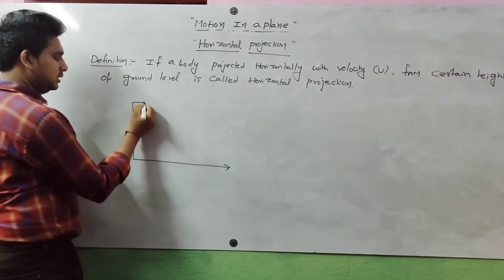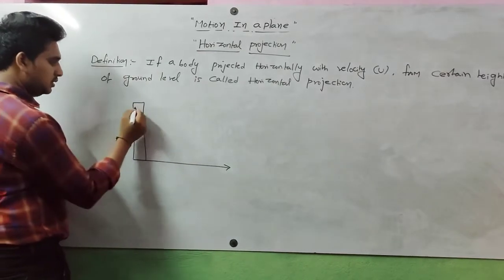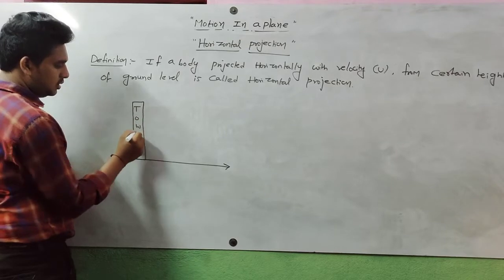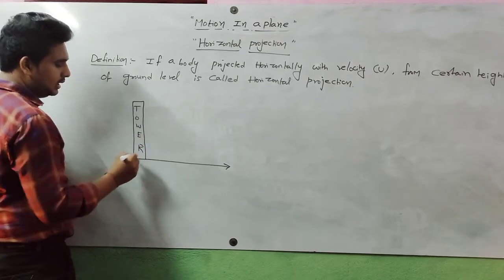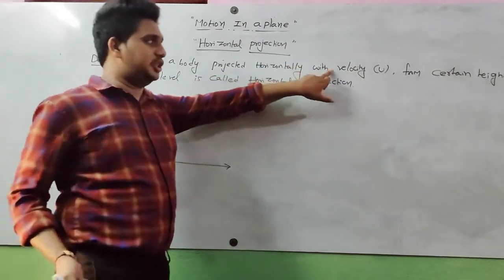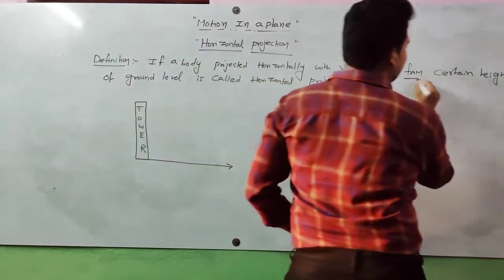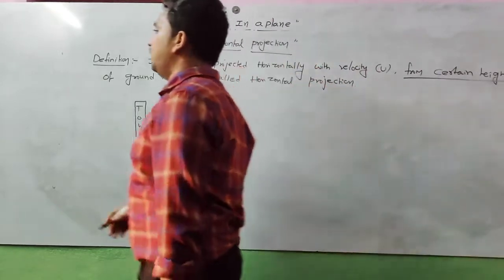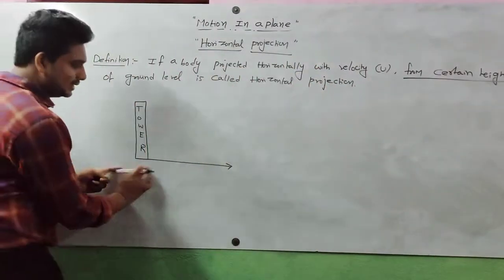Because this is a tower, I'll consider a body projected horizontally with a velocity u from a certain height of ground level. This is ground.